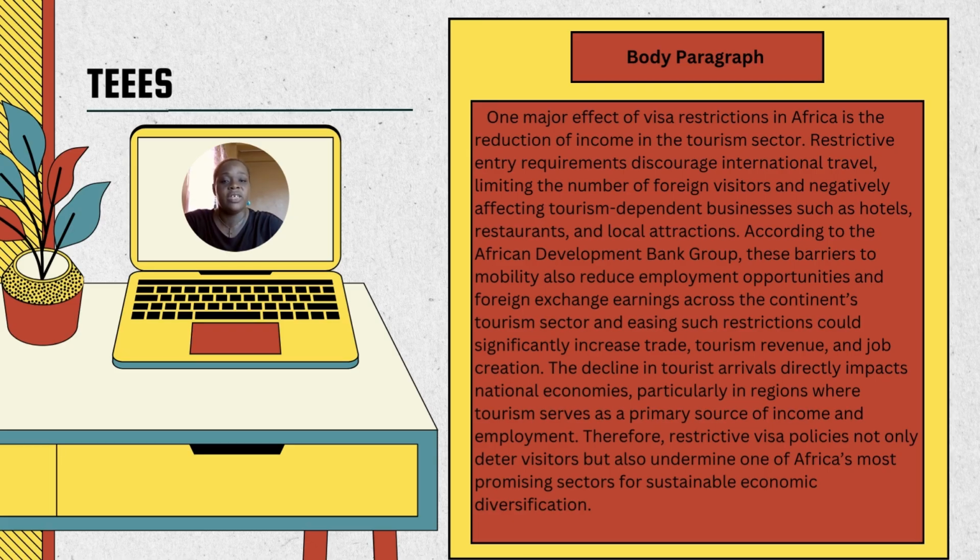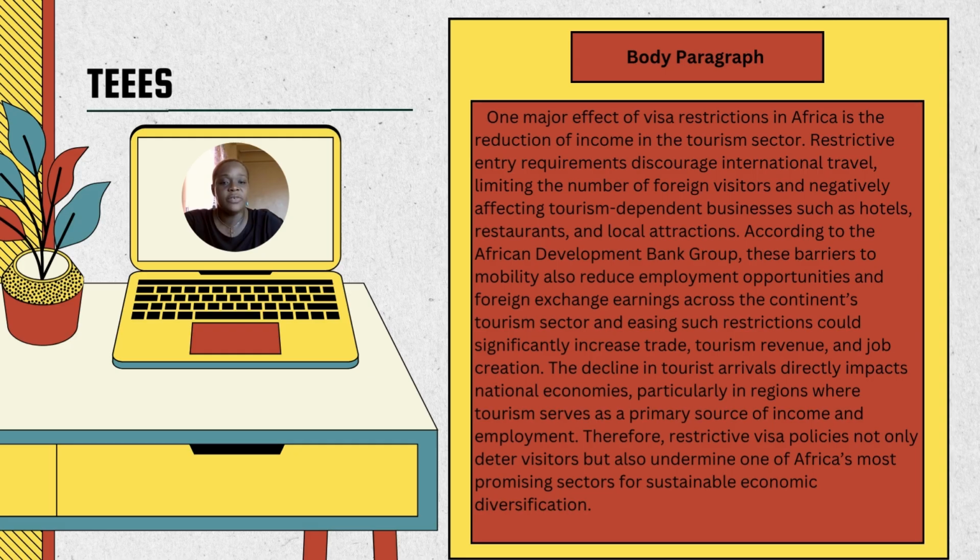According to the African Development Bank Group, these barriers to mobility also reduce employment opportunities and foreign exchange earnings across the continent's tourism sectors, and easing such restrictions could significantly increase trade, tourism revenue, and job creation.